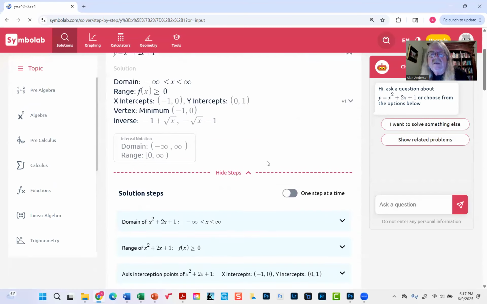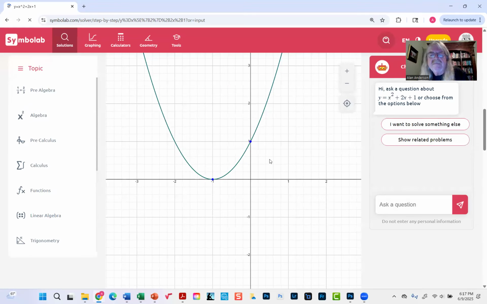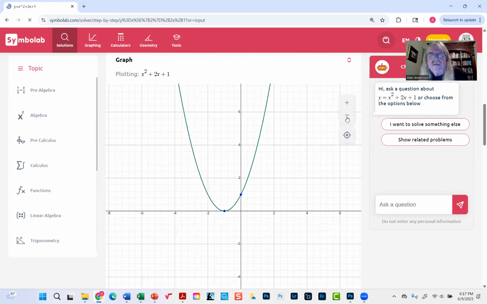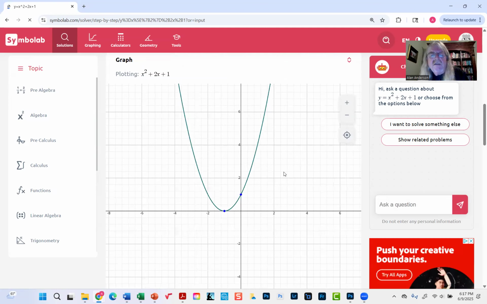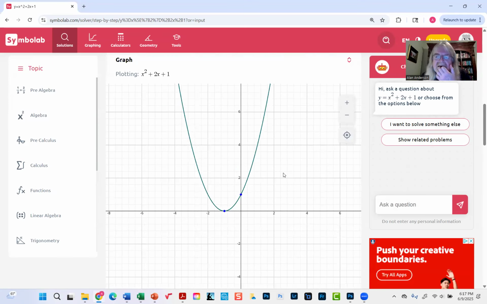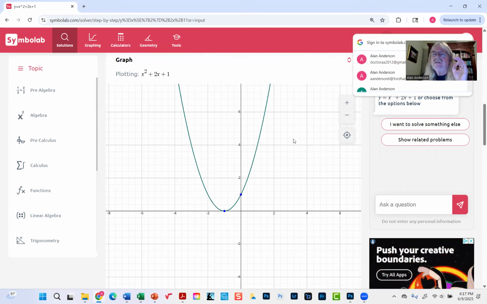Okay, so here's what we're after. This graph. Now, I'm not sure if SymbolLab is capable of showing the function with a single point. I think it does have that capability. I'll tell you what I'm going to do. Let me see if I can get both of them.